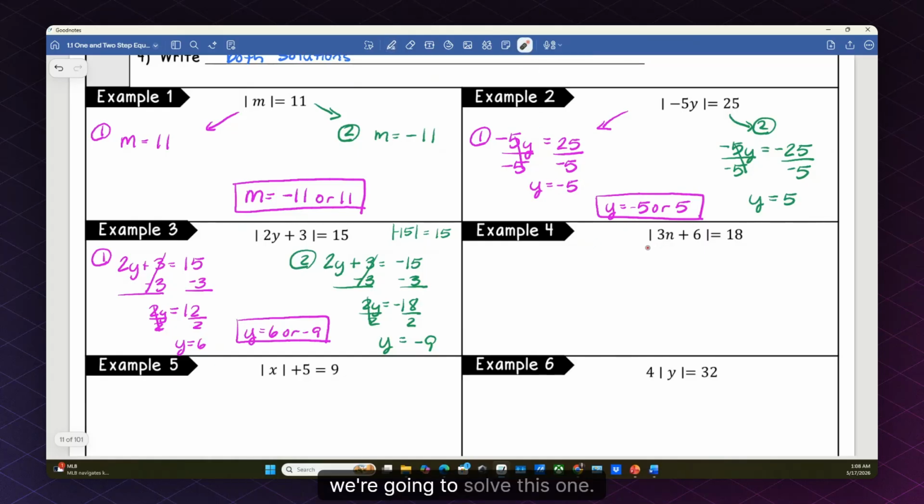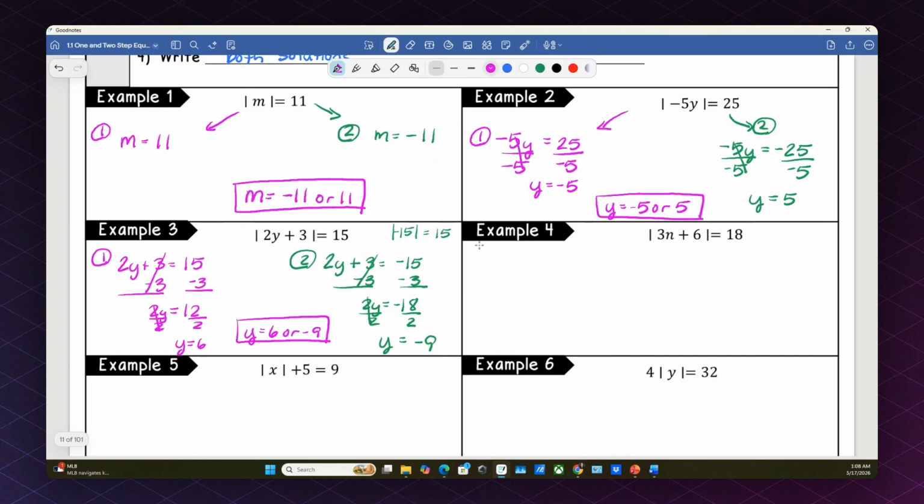Alrighty, we're going to solve this one. The absolute value portion is completely isolated. I don't see anything in front of it, and I don't see anything behind it before we get to the equal sign. So we can break it up into our two equations where it could either equal positive 18 or negative 18.